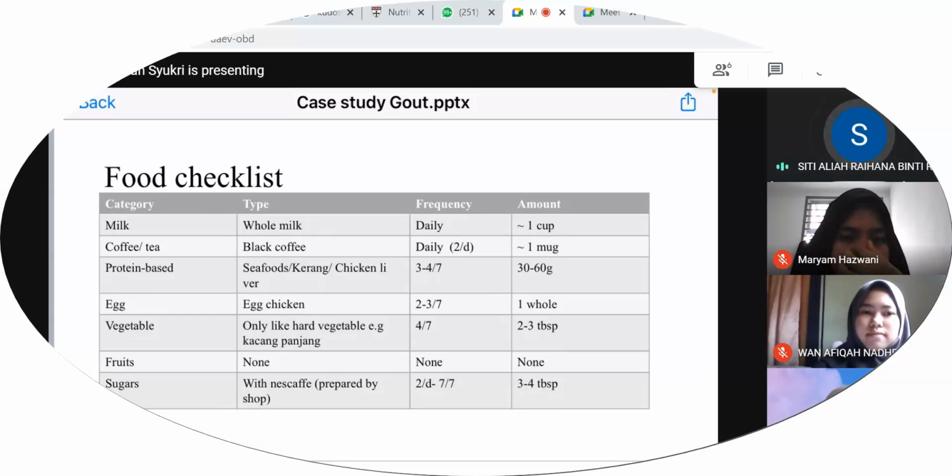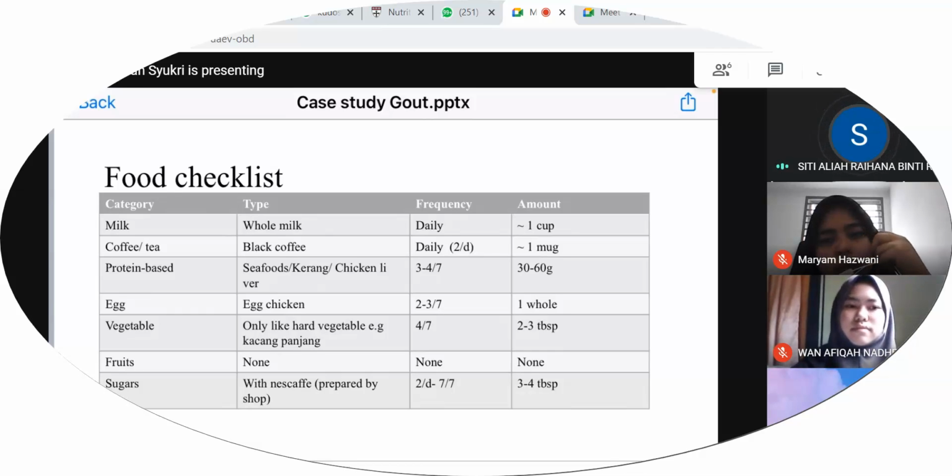But actually, a person should limit poultry. And then he consumes black coffee, which is a caffeinated drink that we, like Sab mentioned just now. And then the vegetable is not a variety because he only consumes kacang panjang.